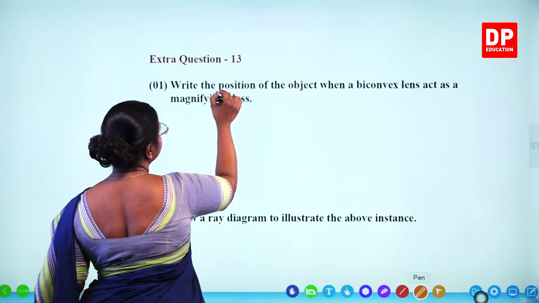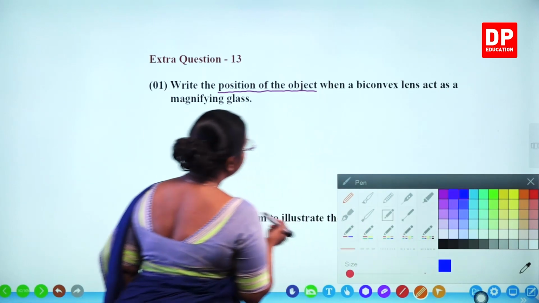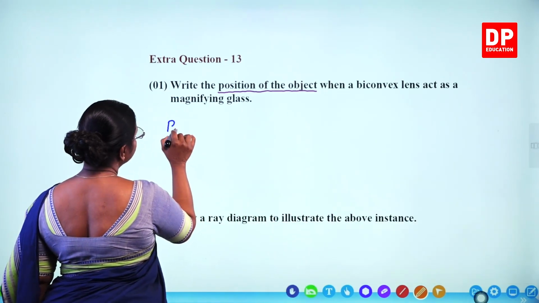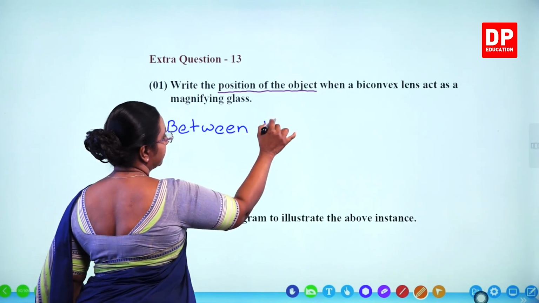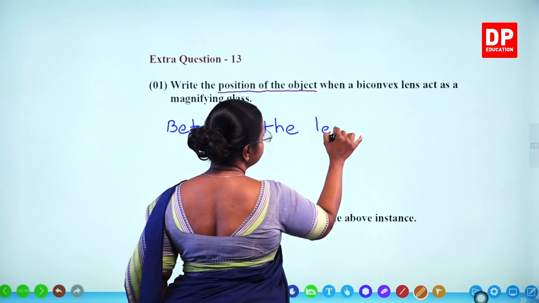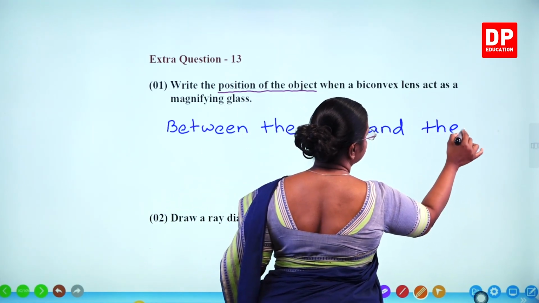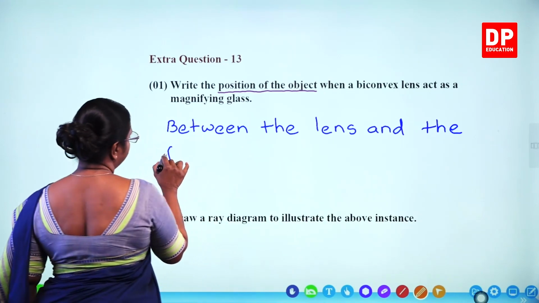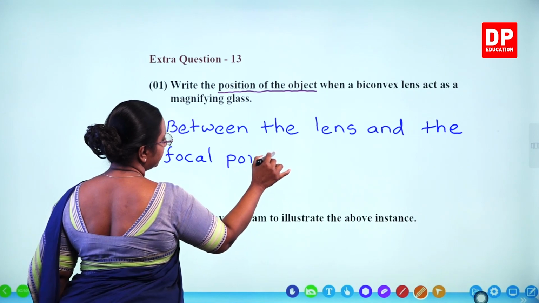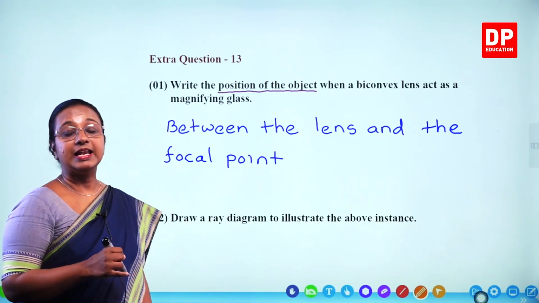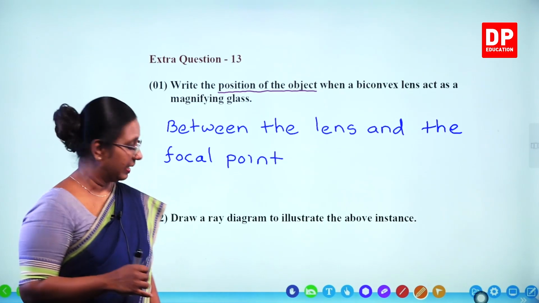So here write the position of the object. You have to say between the lens and the focal point. Then only you will get an enlarged, upright, virtual image.